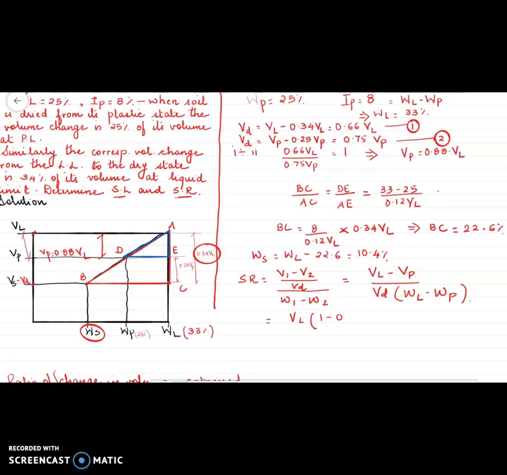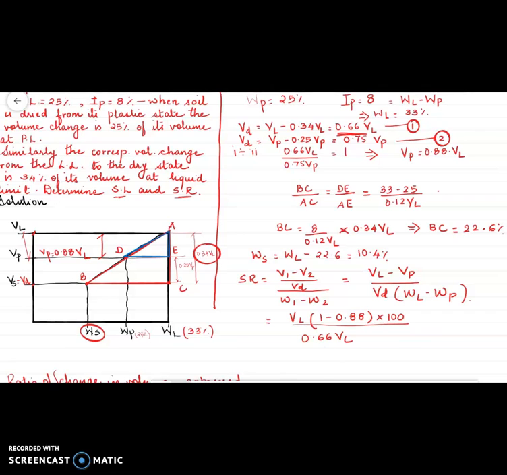So (1 minus 0.88) into 100, upon 0.66 VL. VD is 0.66 VL, we had got this here.